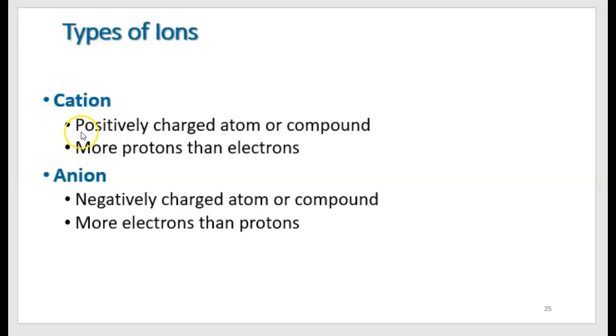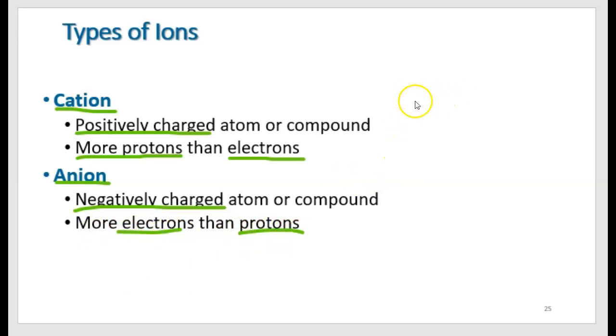Cations are positively charged and anions are negatively charged. So a cation, since it's positively charged, will have more protons than it does electrons. An anion, because it's negatively charged, will have more electrons than protons.